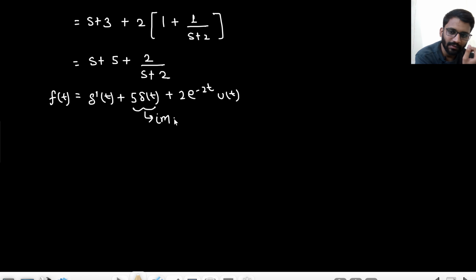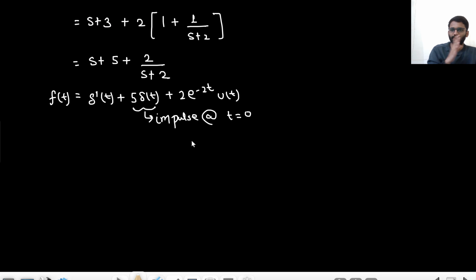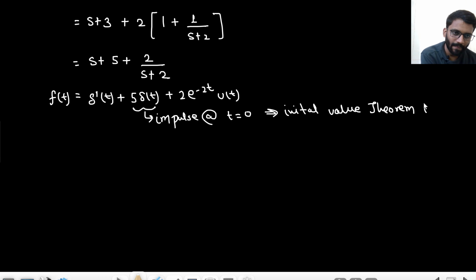Impulse at t equals 0. Did I do the calculation right? Let me check. s plus 3 comes here, 2 s plus 3 goes there, s plus 2 plus 1, 2 upon 1 plus s plus 2, 2 comes here, 2 upon s plus 5, 2 upon s plus 2. Yeah, the calculation is correct. Okay, so impulse at t equals 0, again initial value theorem is not applicable.